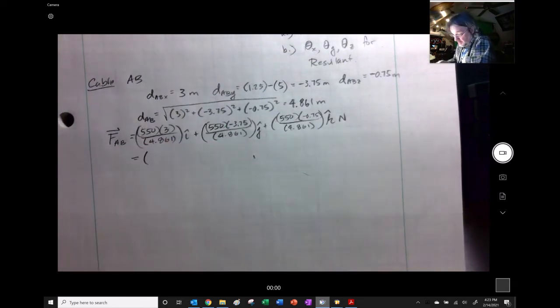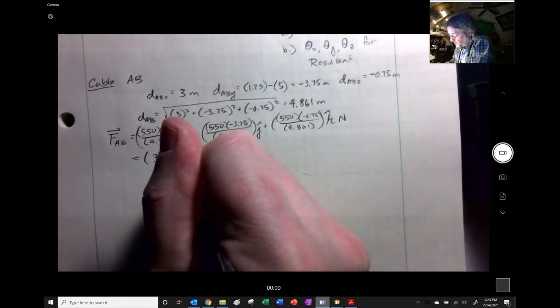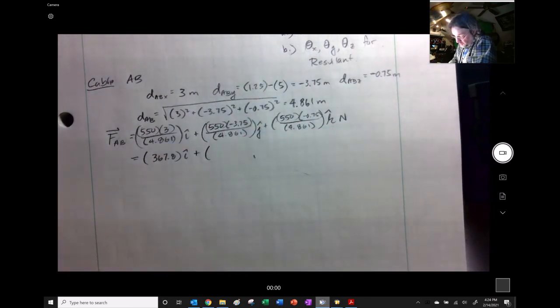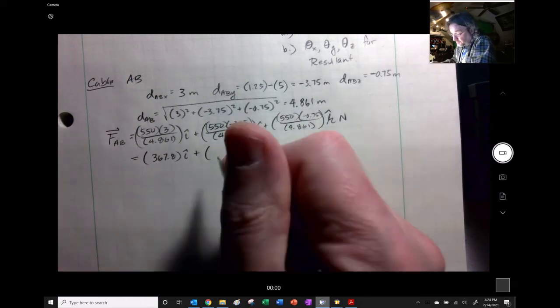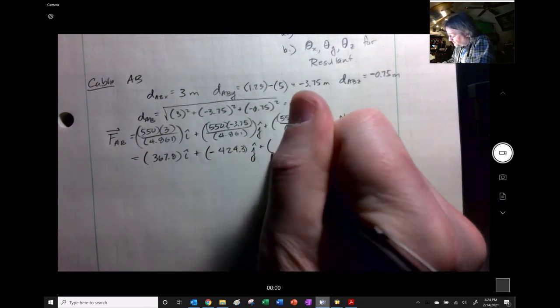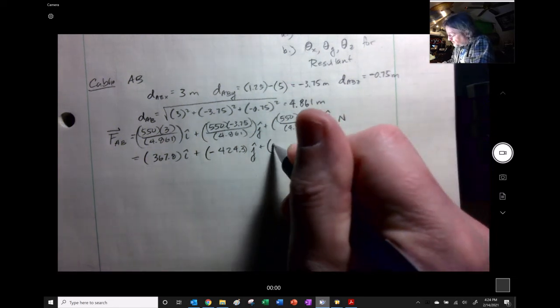So as an answer here, 550 times 3 over 4.861, we get 367.8 i, and 550 times 3.75 over 4.861 divided, negative 424.3 j, and 550 times 0.75 over 4.861, and this should be negative, right?